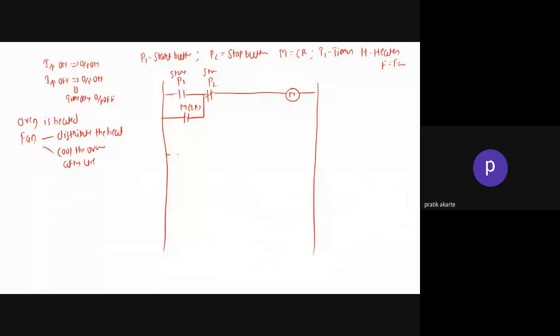Then this M internal relay I am connecting to the on delay timer, sorry, not on delay, off delay timer. So here I am having timer T1, time base of let us say 1 second, then preset value of 20 seconds, and accumulated value.